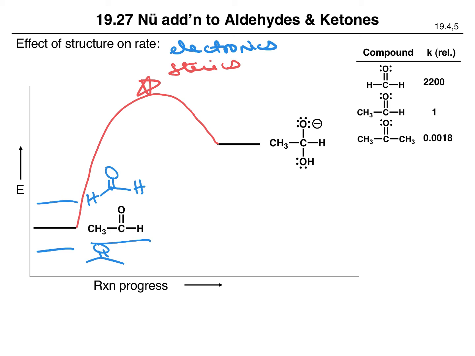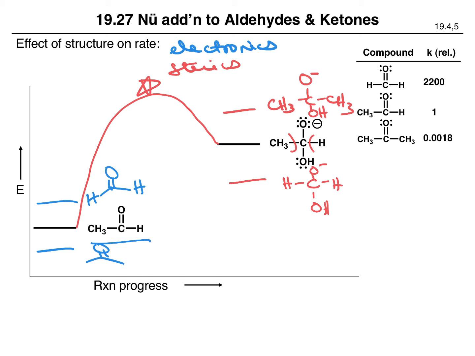So when we think about sterics, if this is what we've got for acetaldehyde, then for formaldehyde we expect that to be lower in energy because this is more stable, less crowded, and higher energy is what we expect for the acetone intermediate.